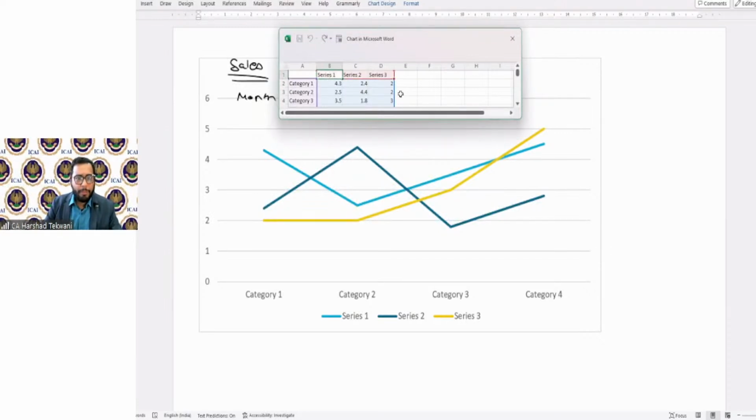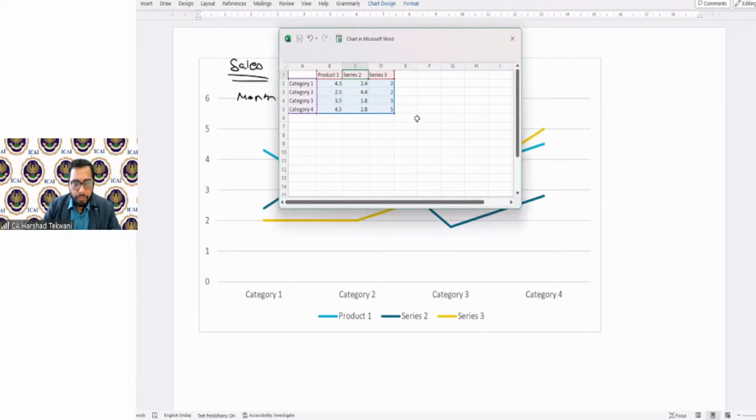Let's say this is the sale of product A, this is product 2 and this is product 3. Now you were expecting that the sale will increase from month to month. Let's say Jan, Feb, March, April. I'll take till April as of now.